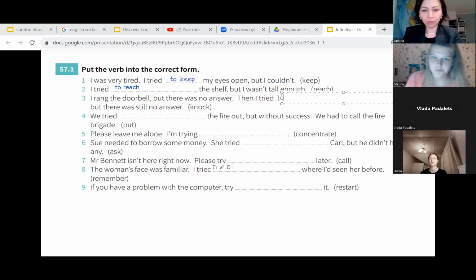Then I tried knocking on the window, but there was still no answer. You experimented. Check one thing, check another thing, check a third thing. So you are experimenting with different ways of trying to get into the house.